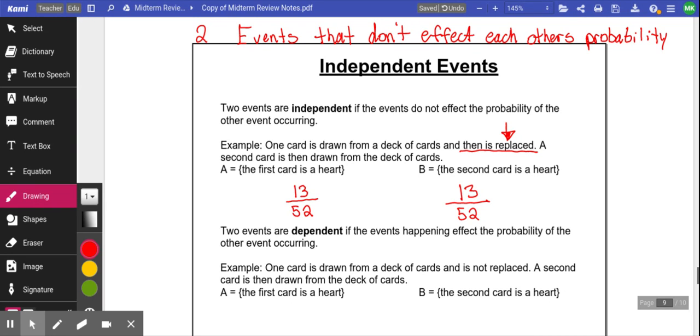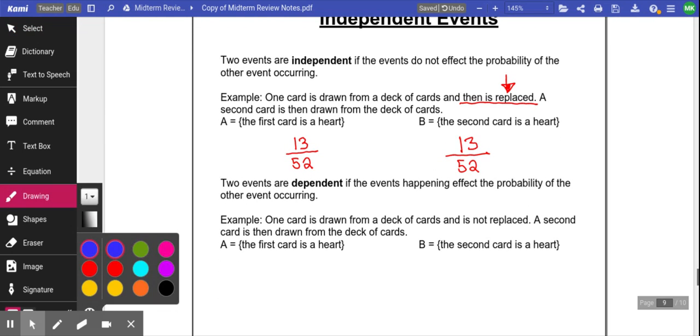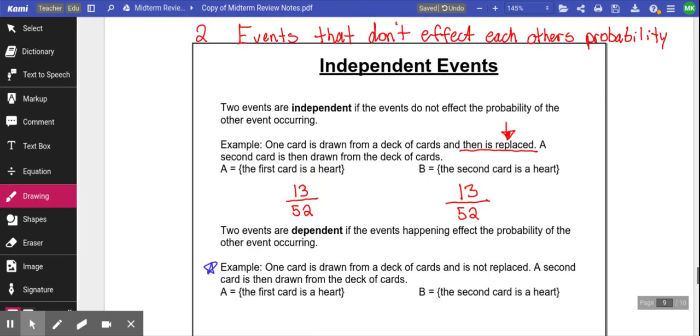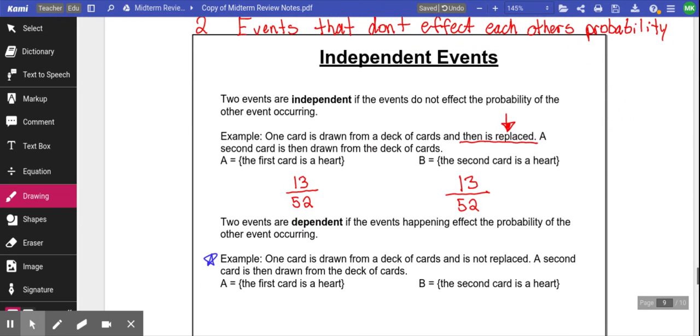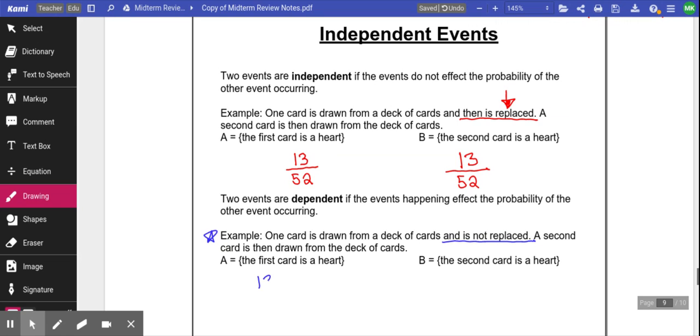However, if we look at the second example right here, it says the card is not replaced. So when we consider our probabilities, A, the first card is a heart, would be 13 out of 52. Now when we go to do the second card as a heart, there are two different situations.